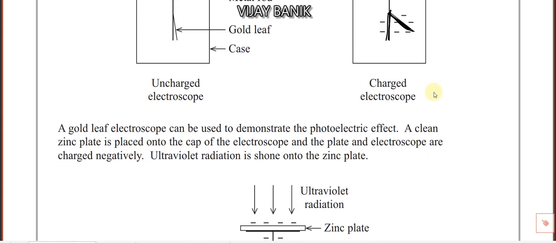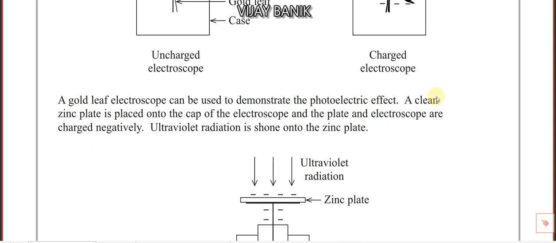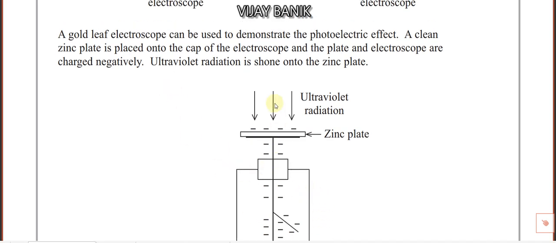So a gold leaf electroscope can be used to demonstrate the photoelectric effect. A clean zinc plate is placed onto the cap. The electroscope and the plate are charged negatively. If you shine ultraviolet radiation, it will eject electrons from here.